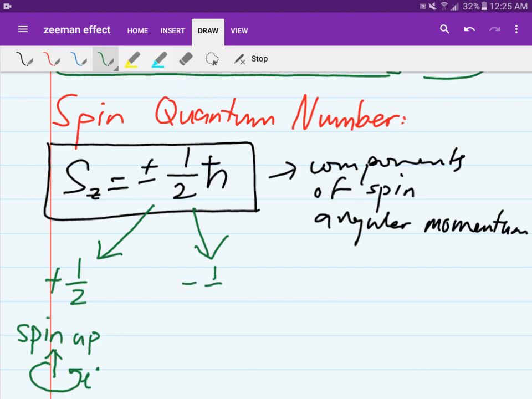And minus 1/2 for spin down. If the electron is moving in this manner, it will have a spin down. I want to reiterate, these are just analogies. This is not what is fundamentally happening in the quantum realm.